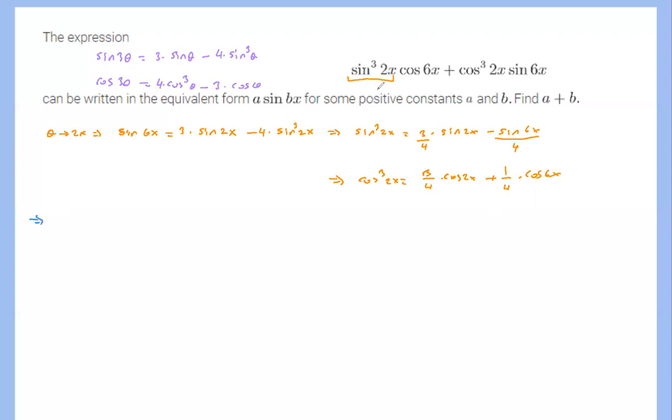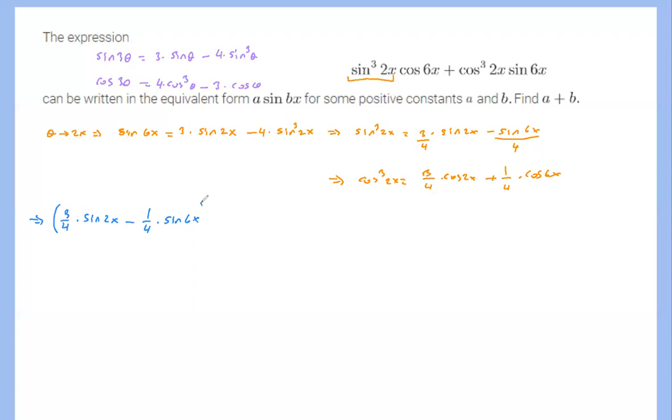It will give us the sine cube 2x, which is this whole quantity. So I'm going to write it as 3/4 times sine 2x minus 1/4 of the sine 6x.